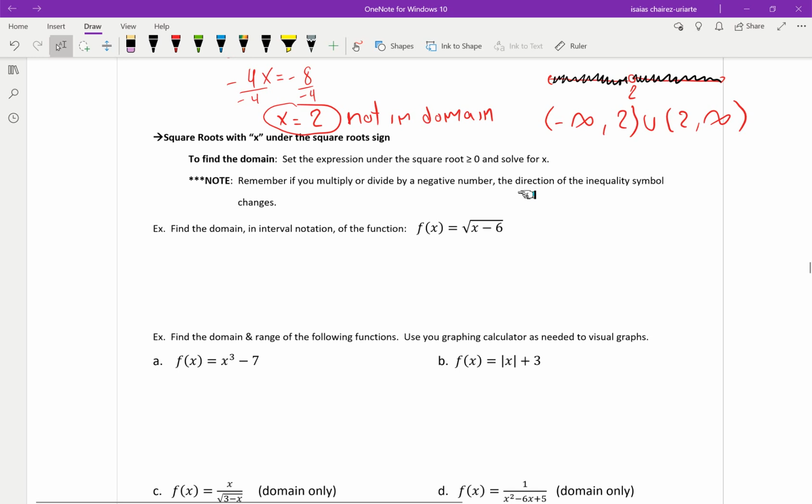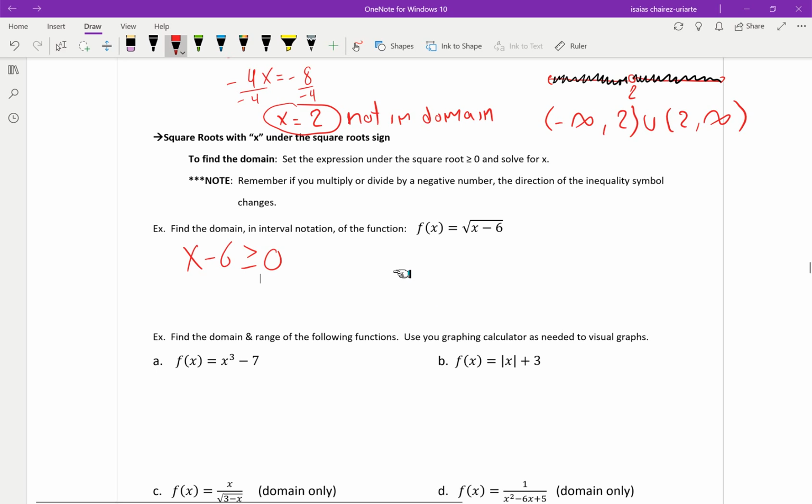According to these rules, I want to find the domain of this function. By the way, there are other ways of doing this. This is just one of them. We're going to say x minus 6 is bigger than or equal to 0.